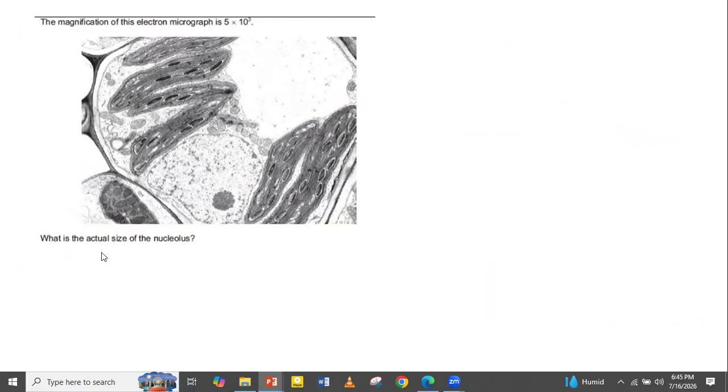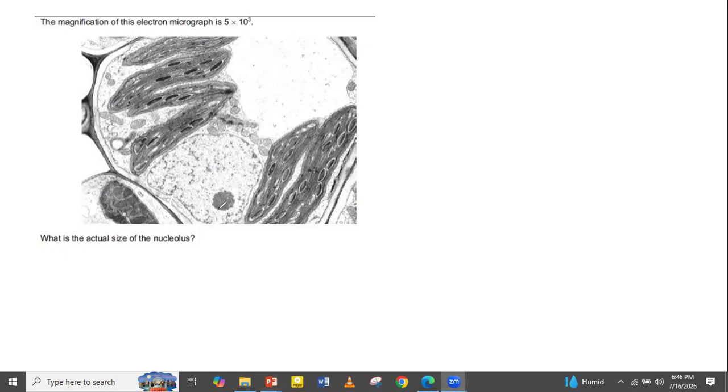So I'm going to look at this image, identify where the nucleolus is. A nucleolus is part of a nucleus, is found inside a nucleus. And from what I see, this is the nucleus and this is the nucleolus, meaning I am only going to consider this nucleolus only.